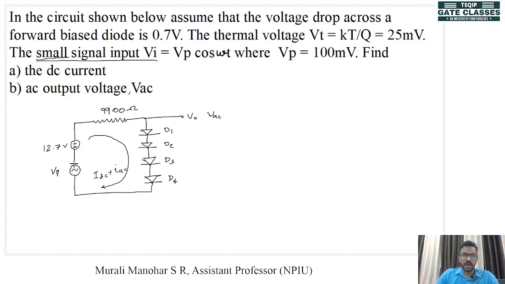So, how can we remove a source voltage? We will short circuit the voltage. If it was a current source, we have to open circuit it. So, in this case, we will short circuit this AC voltage, signal voltage, and then we will find the DC voltage, sorry, DC current. Okay.